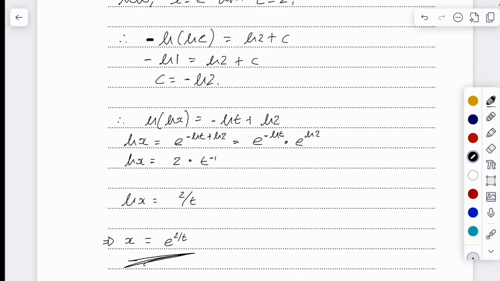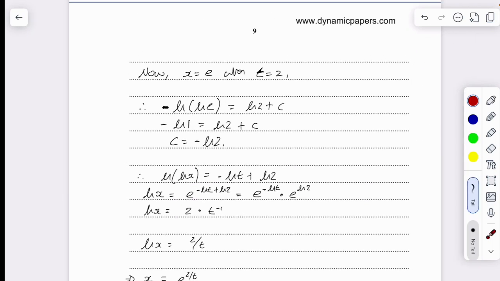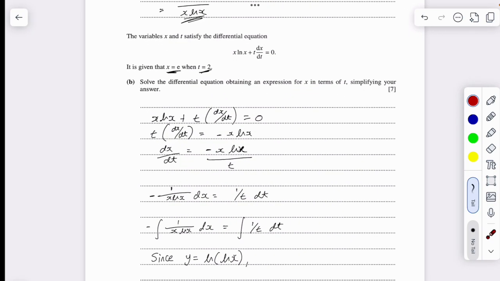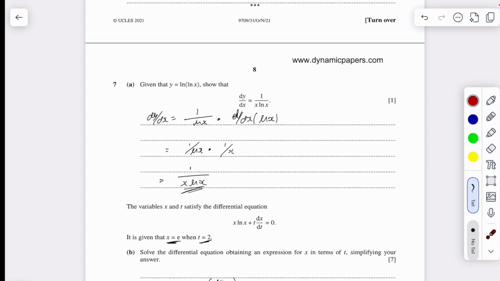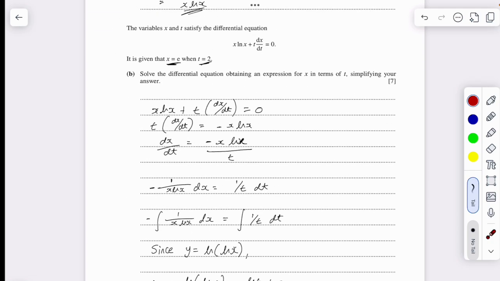So just a recap on this. We've been asked a differential equation. It wants us to find an expression for x in terms of t. So we lay out the equation, we separate the variables, and we've got negative 1 over x ln x dx is equal to 1 over t dt.